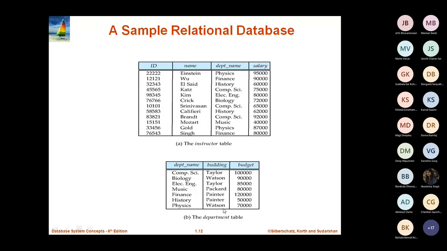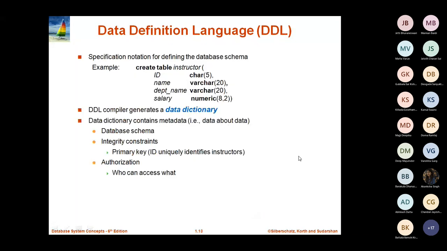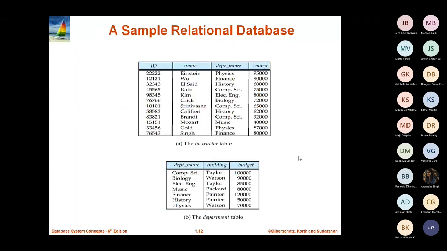So I can say that Einstein indeed has his office in the Watson building. You see that these two tables have some linking, so that I get to complete some part of the information by combining these two relations, and that's why I have this as a relational database.